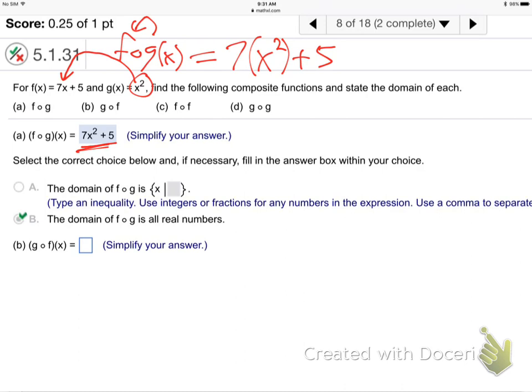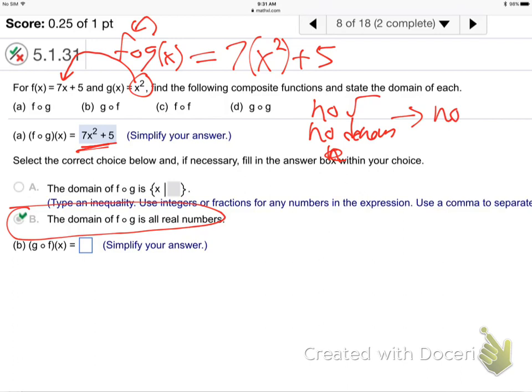That okay? And now I want to answer the domain question for you. What is the domain? Do you see how I checked that the domain is all real numbers? Because there are no problem areas. Everybody see there are no problem areas there? There are no square roots, no denominators, so there are no problems. Nothing to avoid, so all real numbers, meaning you can plug any number you want into that machine.